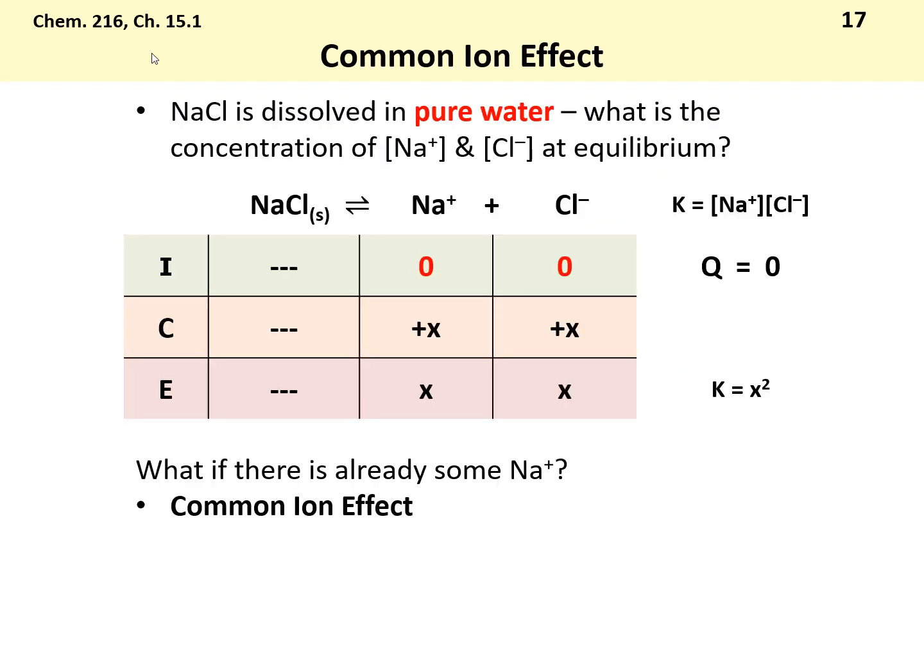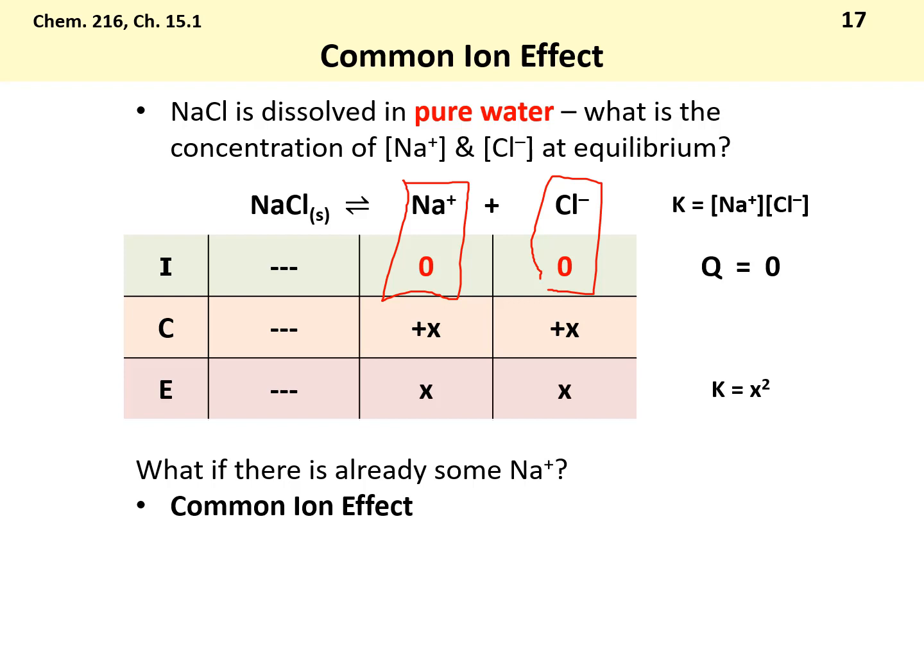Okay, so in the last couple problems, we've been looking at dissolving things in pure water. And pure water meant, in the problem we did a little bit earlier, that there were 0 molar Na+ at the beginning and 0 molar Cl-. Well, what if there is already some sodium there? This is going to change my equilibrium.